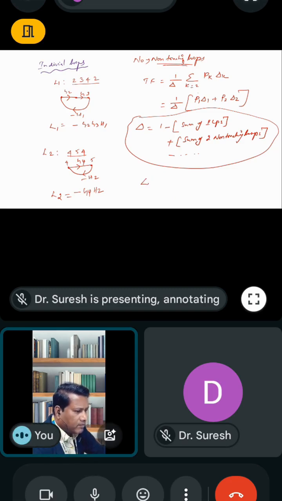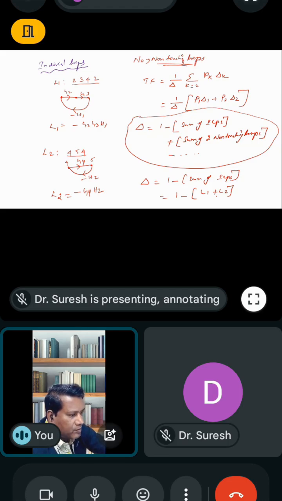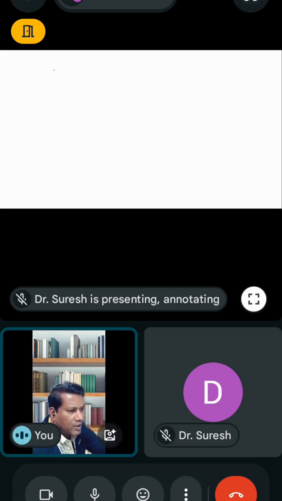So in our problem, del is 1 minus sum of individual loops. That means 1 minus sum of L1 plus L2. Now we have to substitute the values for L1 and L2: 1 minus G2 G3 H1 minus G4 H2.